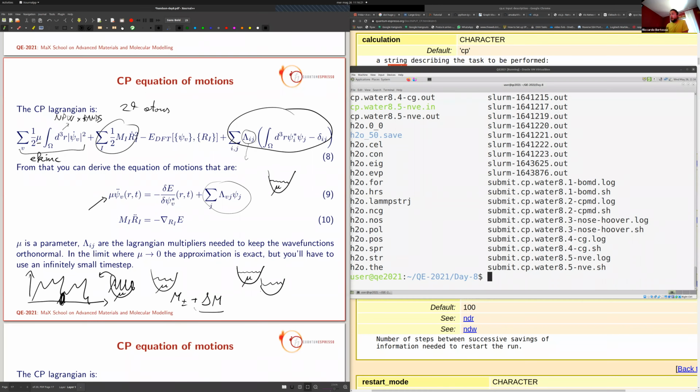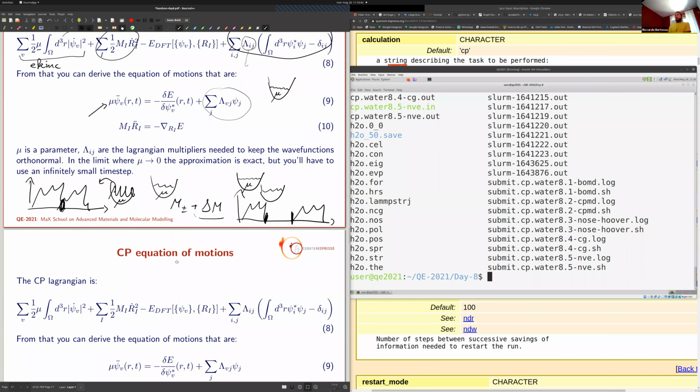So what you want is that the highest frequency of the ionic system is smaller, by a big enough amount, than the smallest frequency of the electronic system.